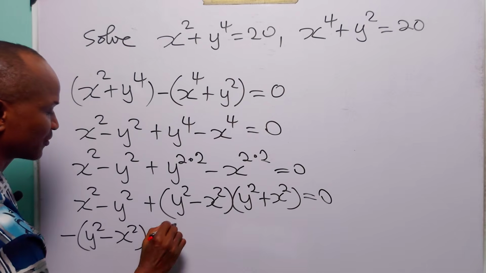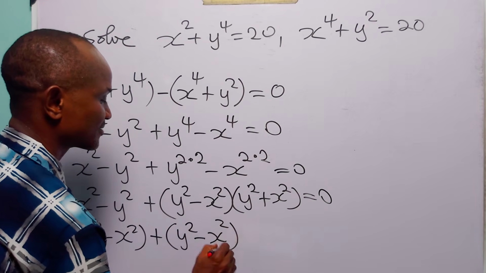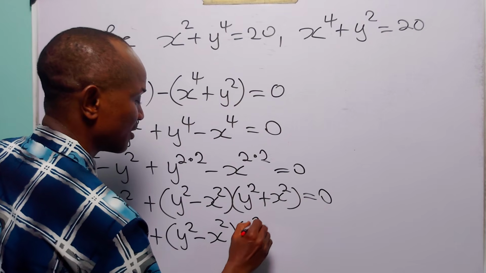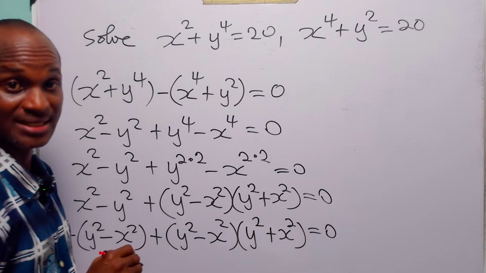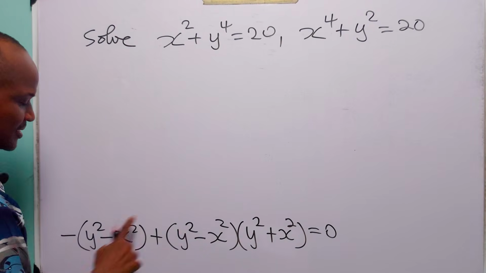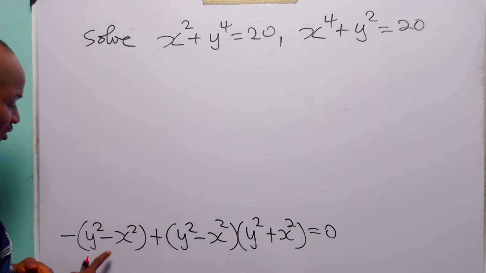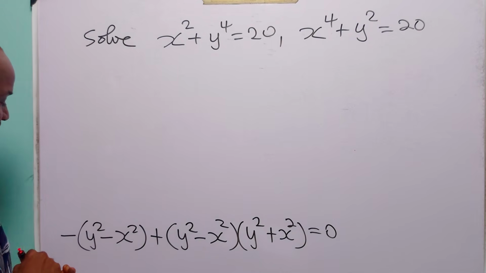Now we still have y squared minus x squared multiplied by y squared plus x squared, and everything is equal to 0. Now, when you look at these two terms, you will see a common factor, which is y squared minus x squared. So we can factorize.